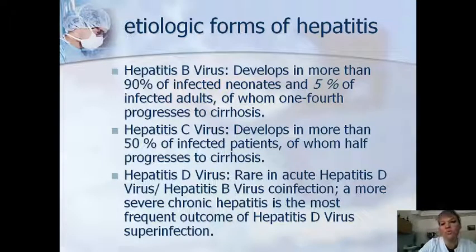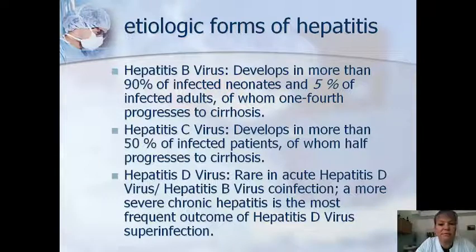Etiological forms of hepatitis: hepatitis B, C, and D. What about hepatitis B virus? Chronic disease develops in more than 90% of infected neonates and 5% of infected adults, of whom one quarter progress to cirrhosis.